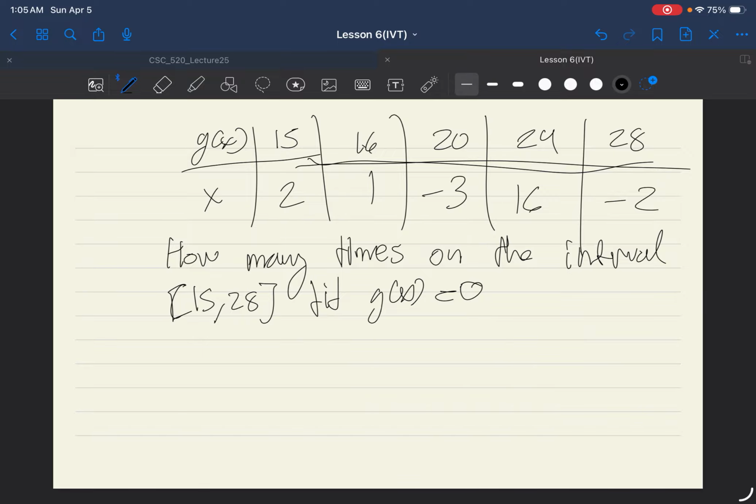So g of x is equal to 0. We can use IVT for this one because we can clearly see that this is going down and this is going up, right?